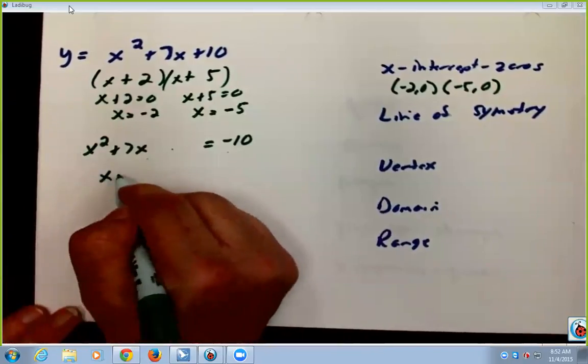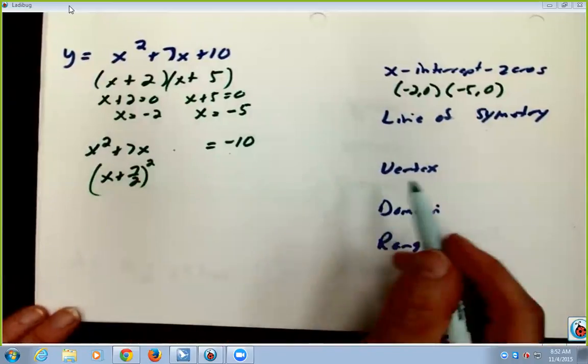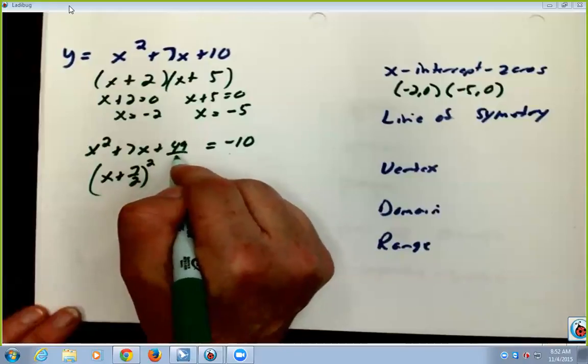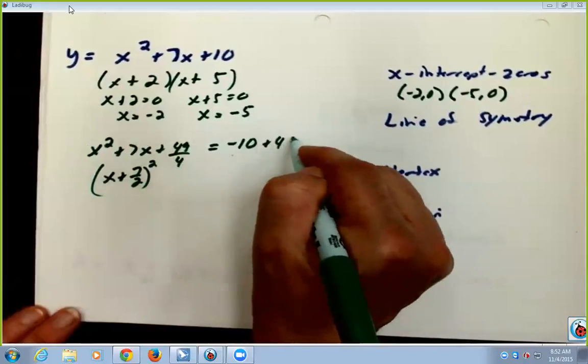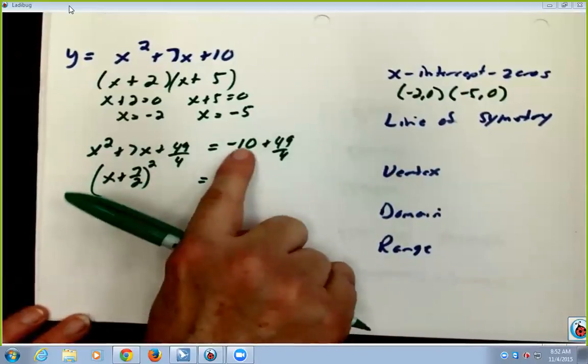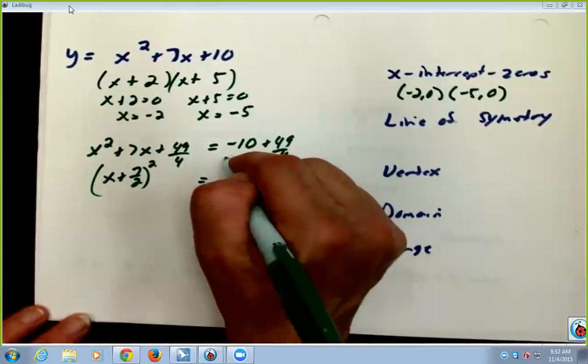So half of 7 is 7 halves, squared. 7 halves squared is 49 fourths. 10 becomes fourths, and it becomes a negative 40 fourths.